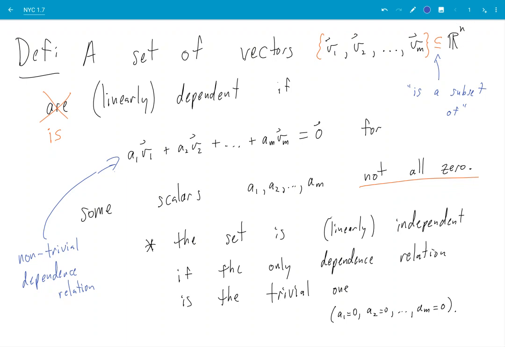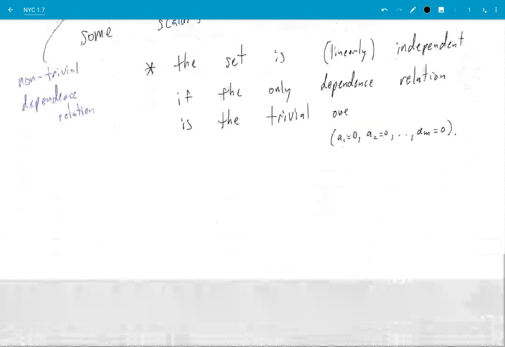Said a different way, you could say this set is contained inside of Rn. Okay, little details. Let's do some examples of independence and dependence.